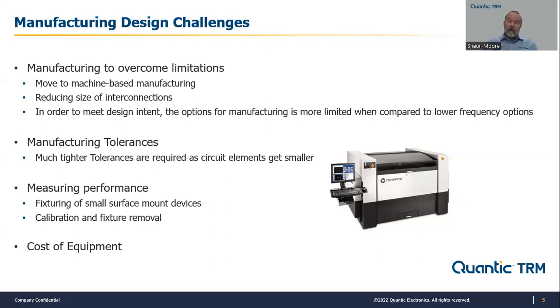Also, manufacturing tolerances really become a much more critical item. And sometimes now we have to begin moving into other fabrication methodologies in order to make sure that we can maintain tolerances. I think the good news here is that some of these tighter manufacturing tolerances do limit the size of the board that you can work on. But then again, the circuits are getting smaller and smaller.